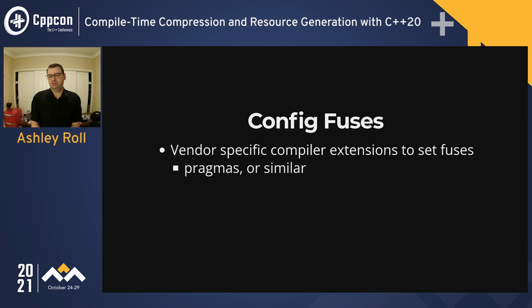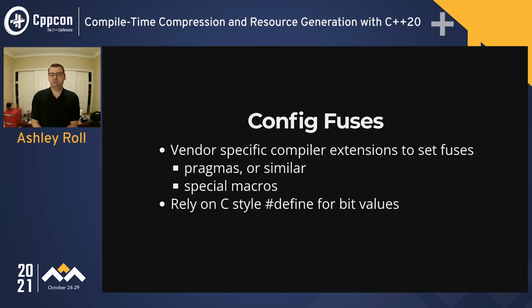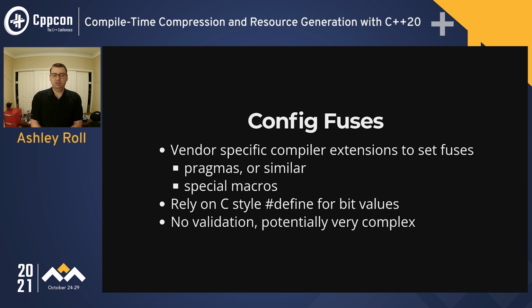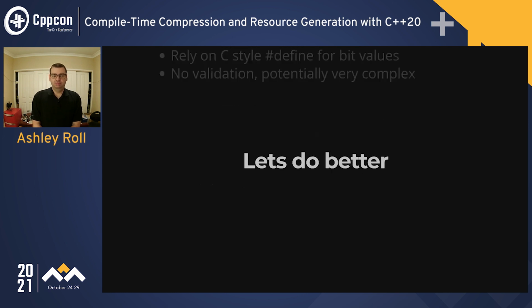So there can be things like pragmas or similar, hash, magic variable equals magic number sort of scenarios, special macros, and it relies quite heavily normally on C-style hash defines for bit values and things like that. So as you can see, there's not a lot of opportunity for validation and configuration is potentially quite complex. And indeed, some of the processor vendor tools have GUIs that work out the configuration for you and then provide that generated code, so you can just include it into your project. But I think we can do better.